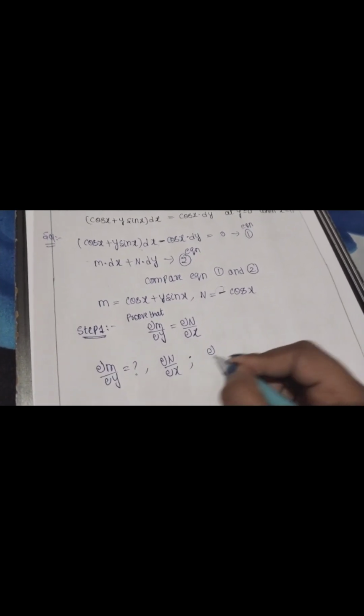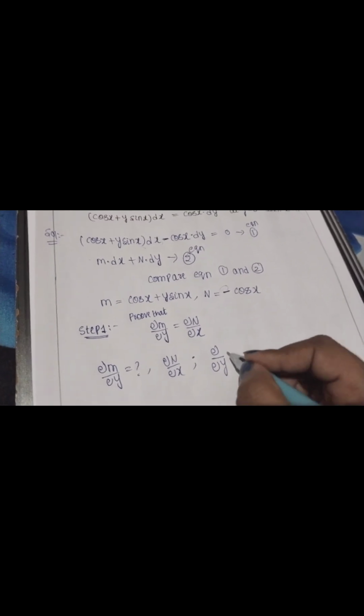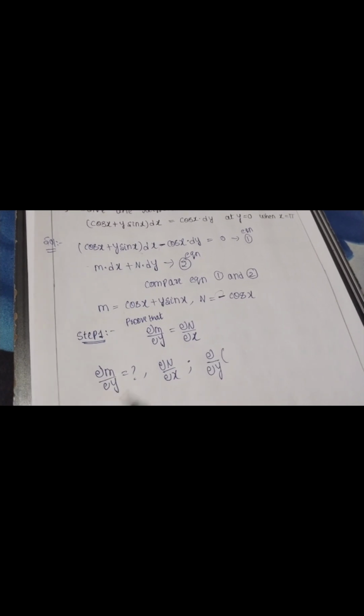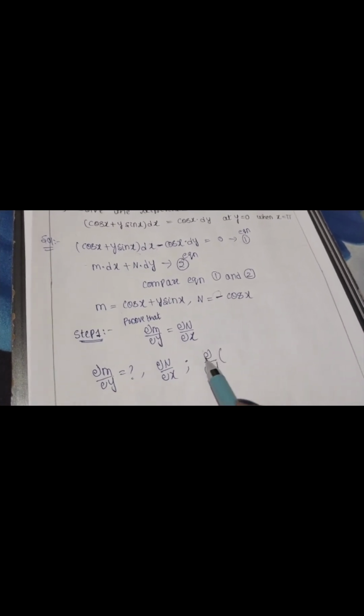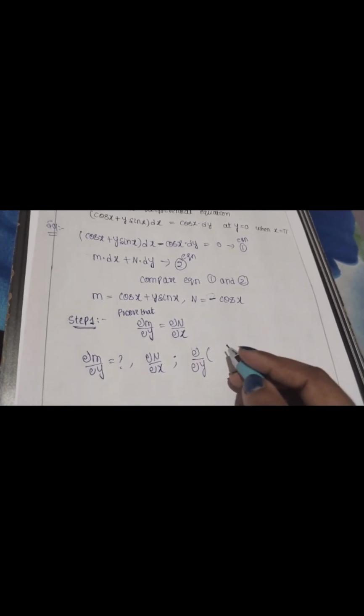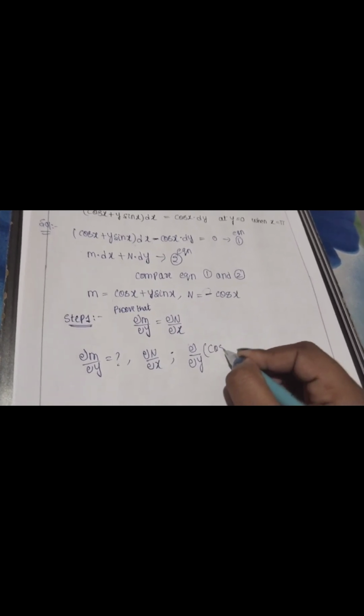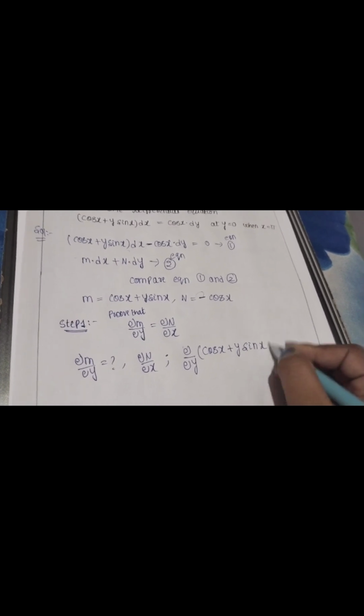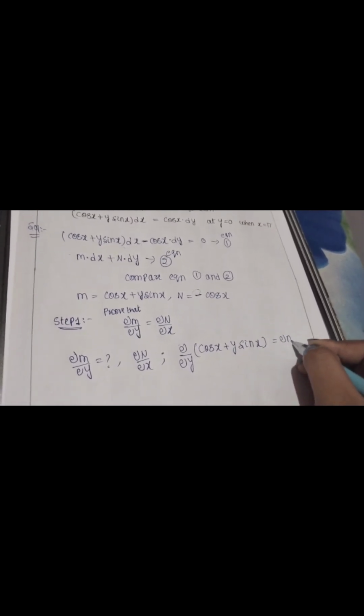That is dou by dou y of M, where M is cos x plus y sin x. What we are finding here is dou M by dou y, right?